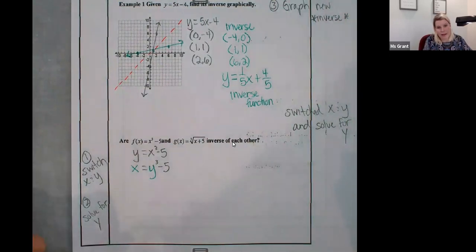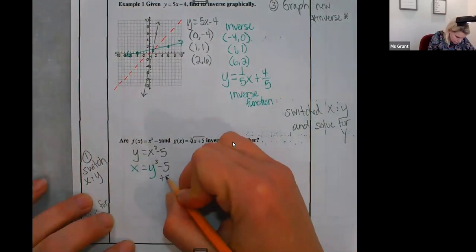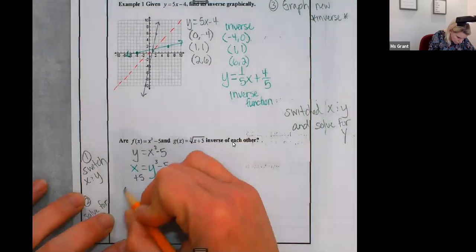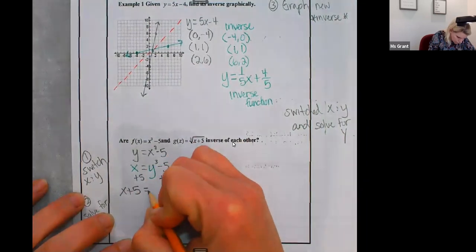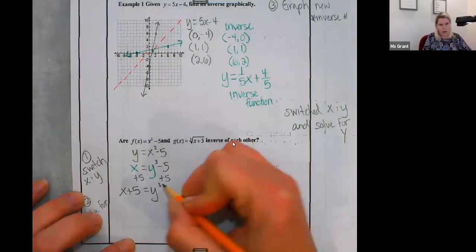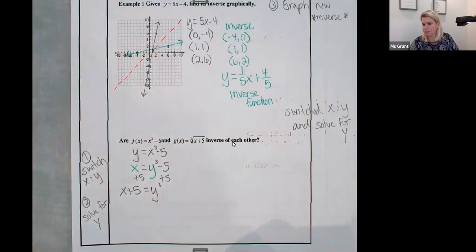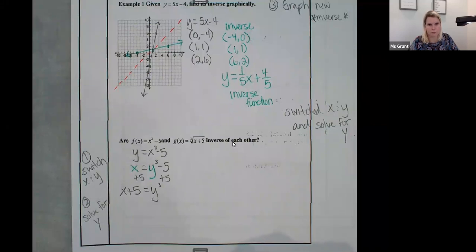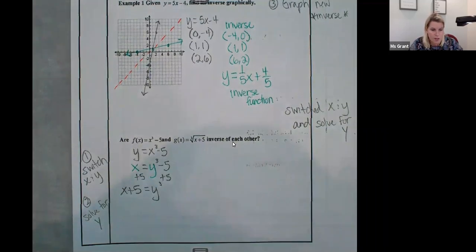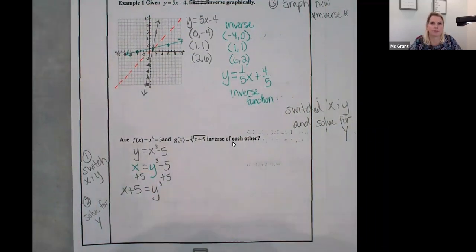Now I'm going to add 5 to both sides. X plus 5 equals y cubed. Step 2, solve for y. Any idea? Someone help me. I need help now. How am I going to get y alone? What am I going to do?